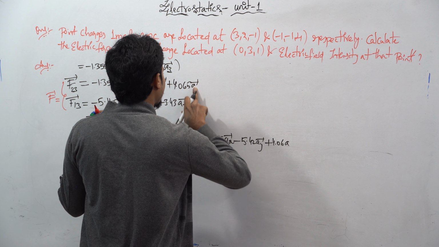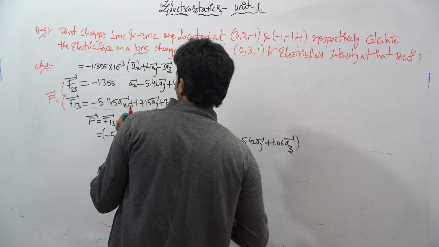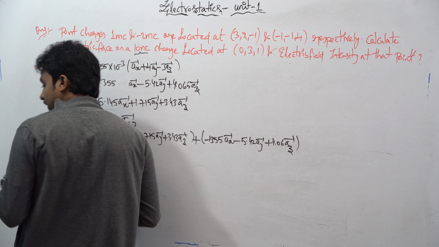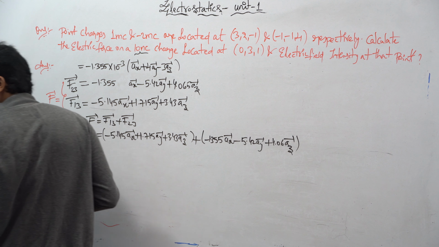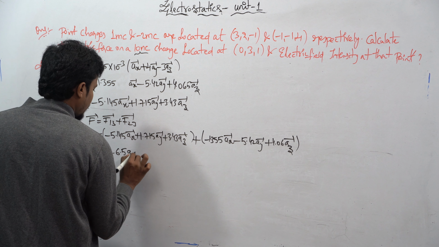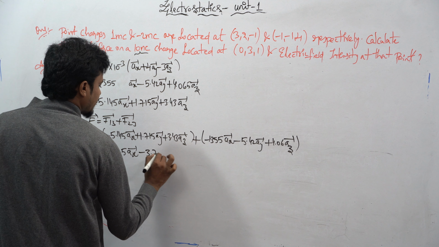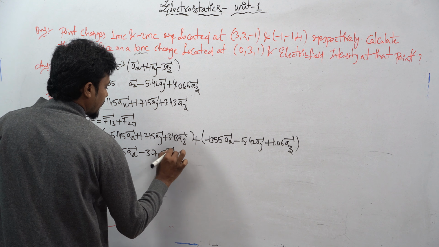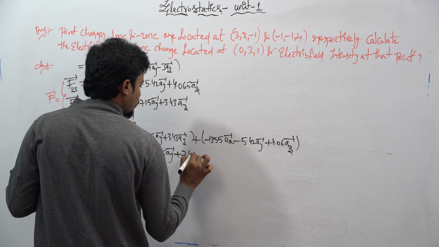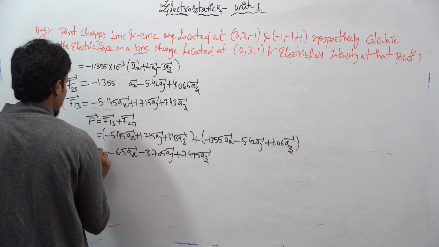This is the az bar. If you just do the addition, how much will you get? You will get minus 6.5 ax bar minus 3.705 ay bar plus 7.495 az bar. So this is our force F bar.